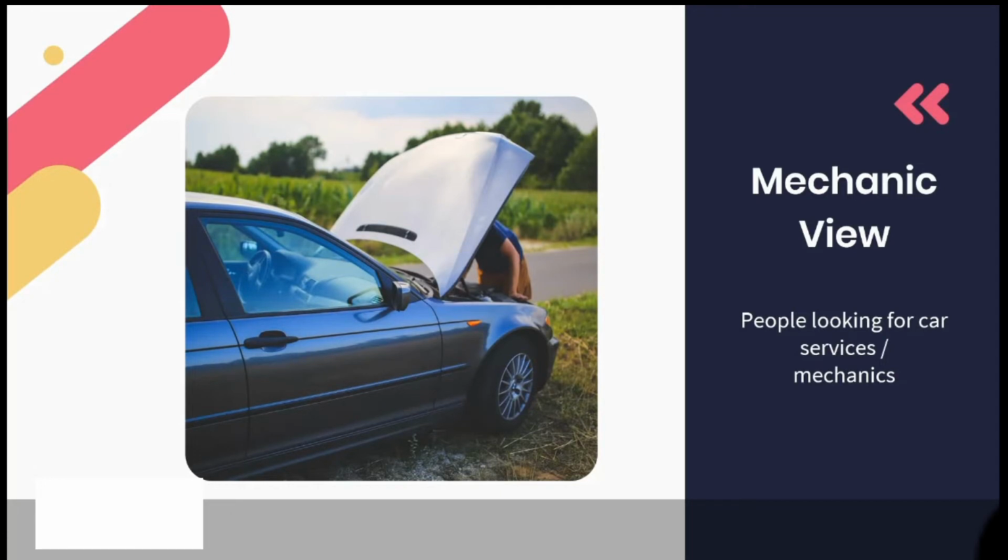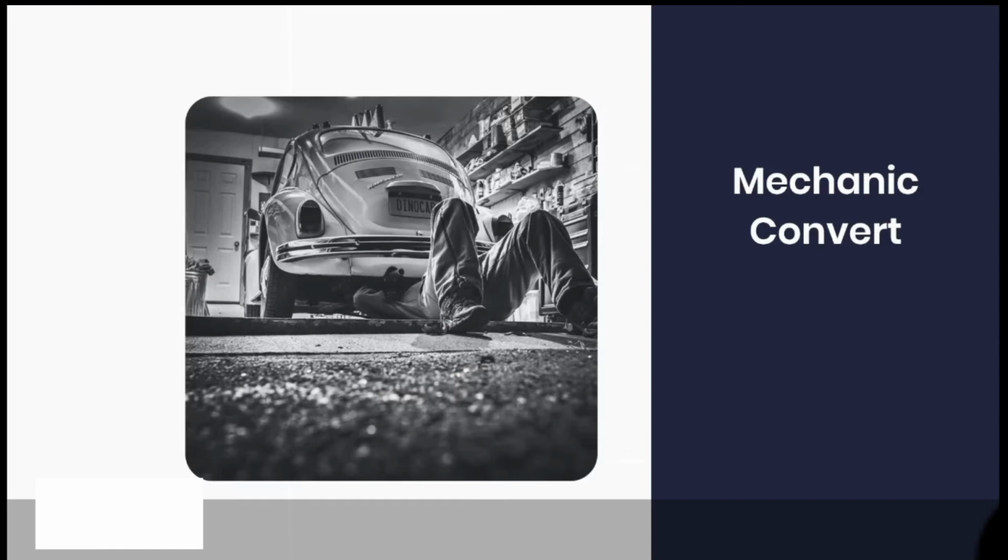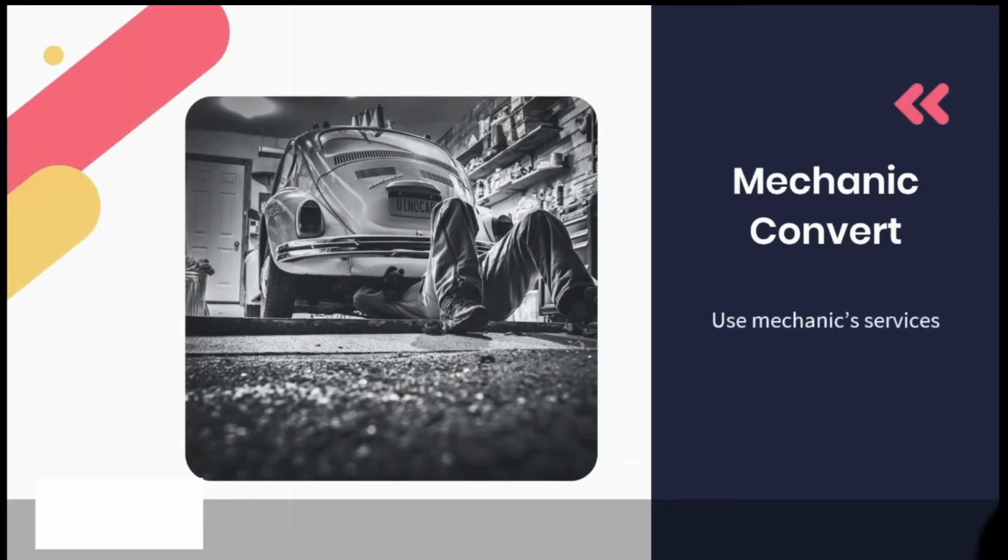Comparing to the previous funnel, this is where it would fall under Think. Act would be people who are perhaps submitting a lead or making a phone call, so they would be contacting that mechanic. And then Convert would be people who are now using the mechanic services, so they have made an appointment or gone to the shop or whatever it is.